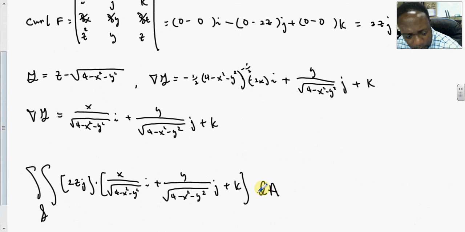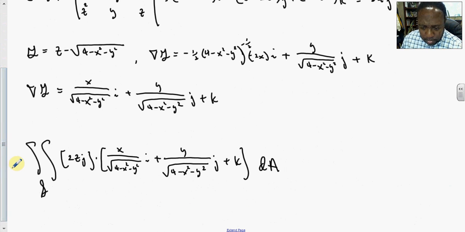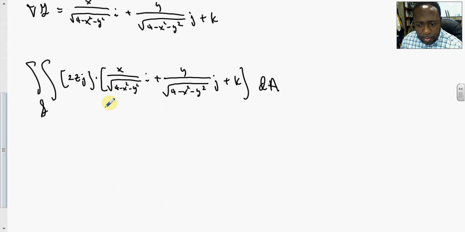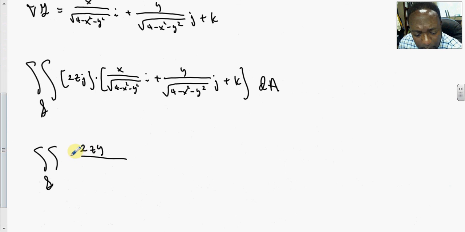And this is with respect to dA. Good. So in the dot product, all you have that's contributing here will be the jth components. So this is the double integral over the solid of 2zy all over the square root of 4 minus x squared minus y squared dA.